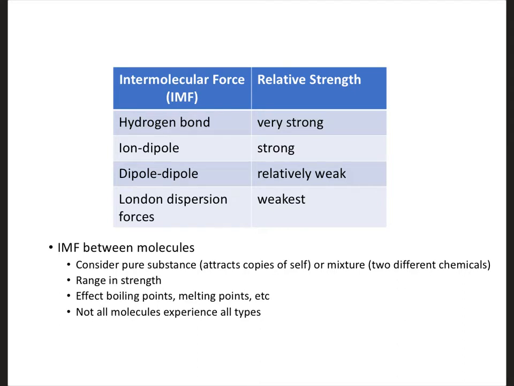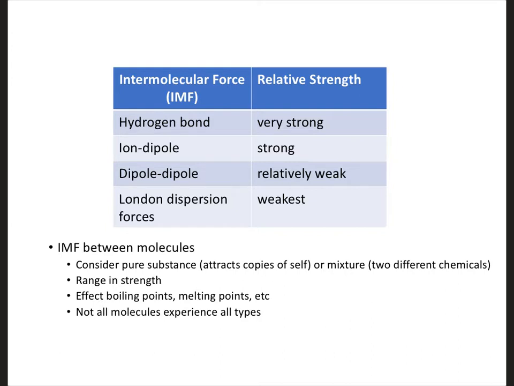Now you can consider intermolecular forces between any two different molecules, or you could just consider intermolecular forces between molecules of the same type. So they might say, given a pure sample of this compound, what type of intermolecular forces would you expect?